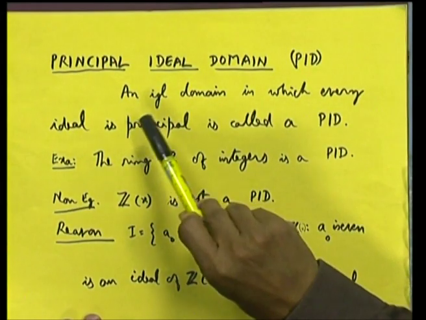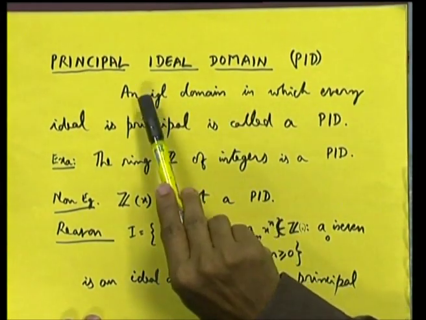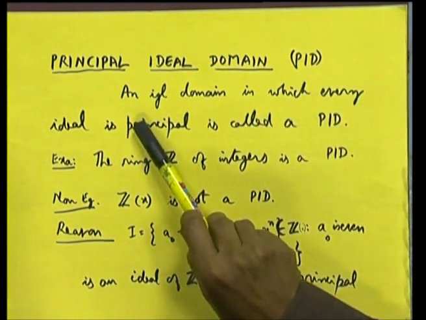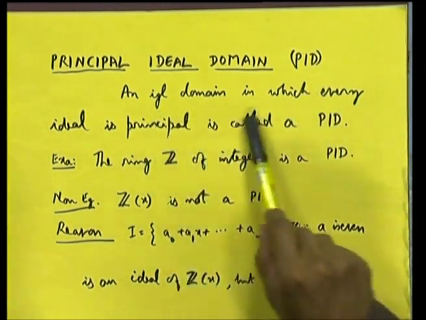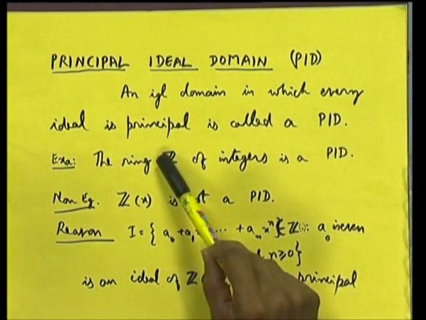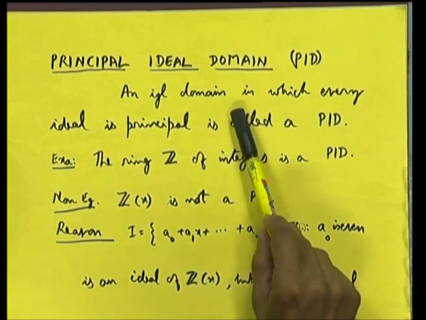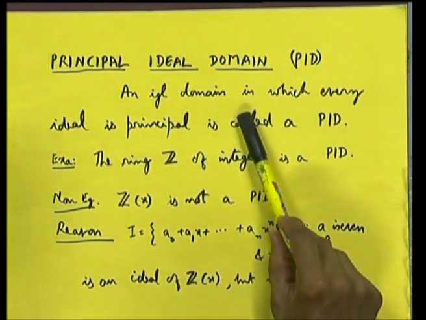Let us start with the definition of principal ideal domain. We abbreviate this principal ideal domain as PID. A principal ideal domain is an integral domain in which every ideal is principal. We may recall that an integral domain is a commutative ring with unity in which we do not have any zero divisors.